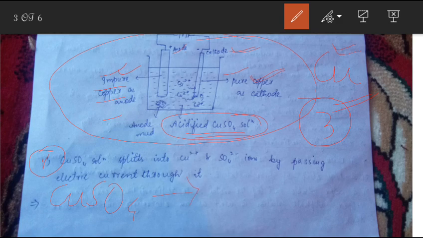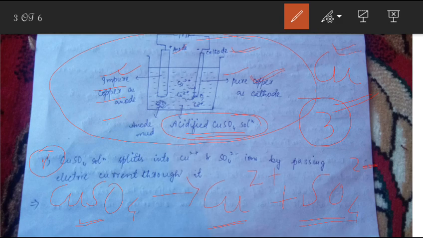It will get split into Cu2+ and sulfate SO4 2-. This process is called electrolysis. Copper sulfate solution will split into copper cation and sulfate anion, Cu2+ and SO4 2-. This is the reaction which will take place in the electrolytic tank.